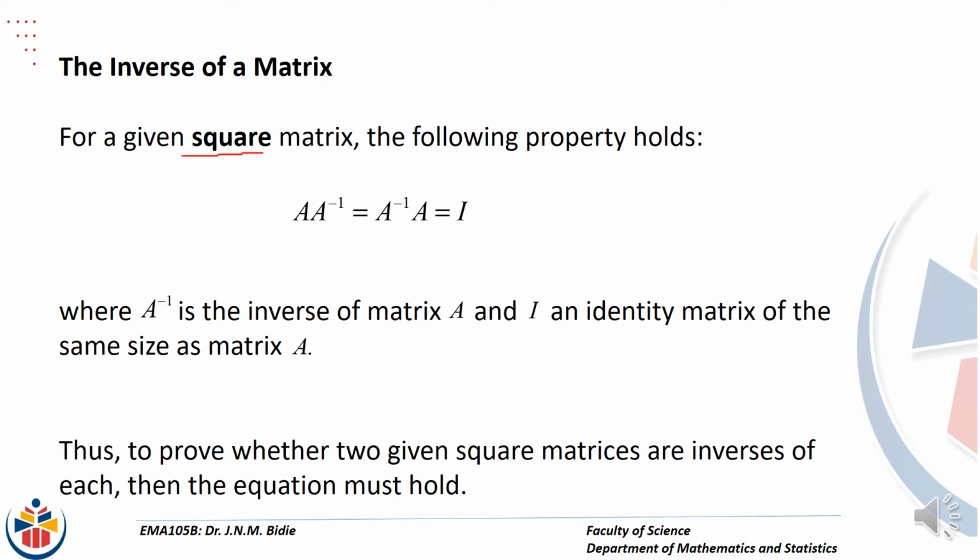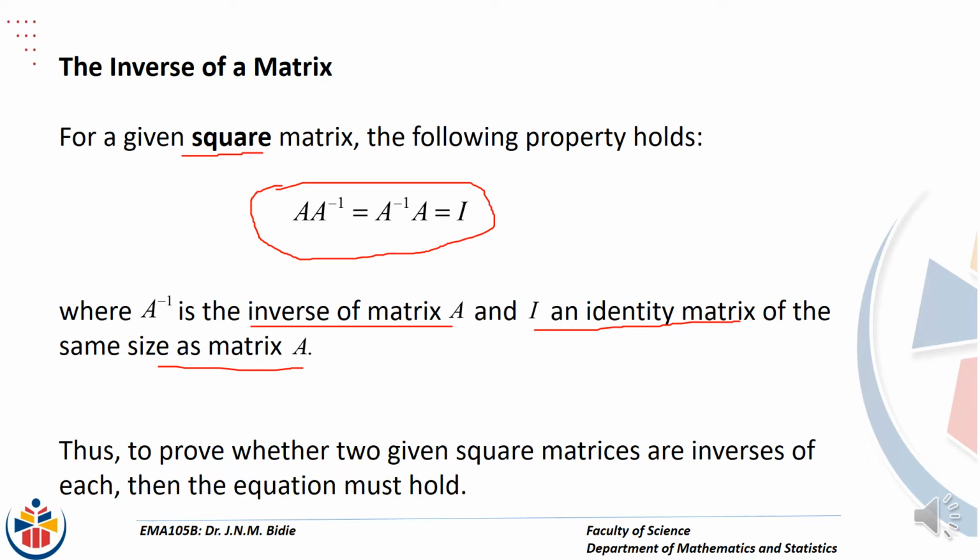That is why it is said here, for a given square matrix, the property A multiplied by A inverse is equal to A inverse times A, and it's equal to I, where A inverse is the inverse of matrix A, and I is an identity matrix of the same order as the original matrix A.